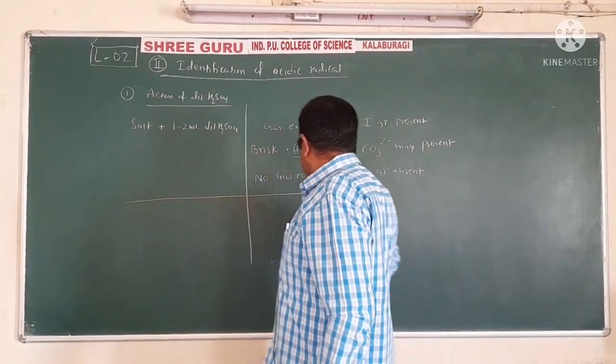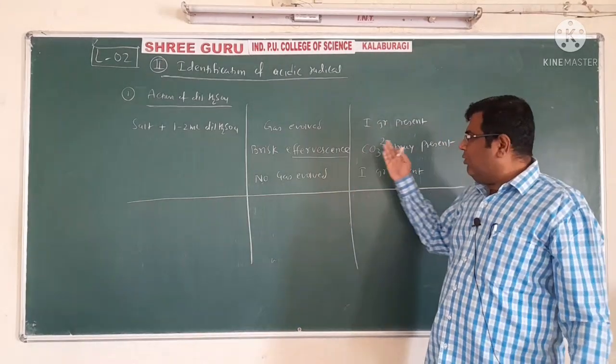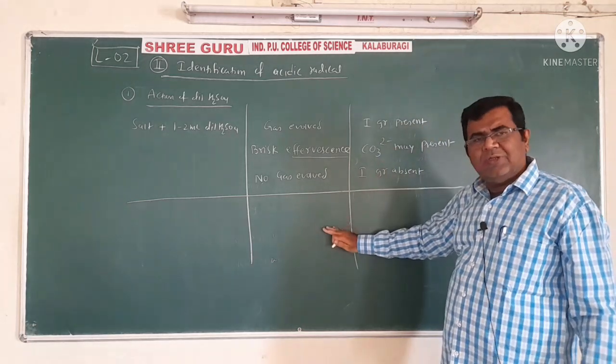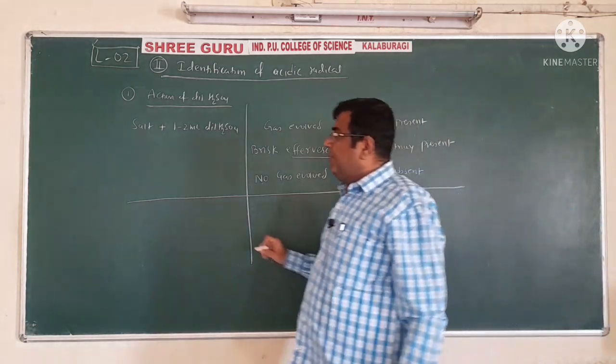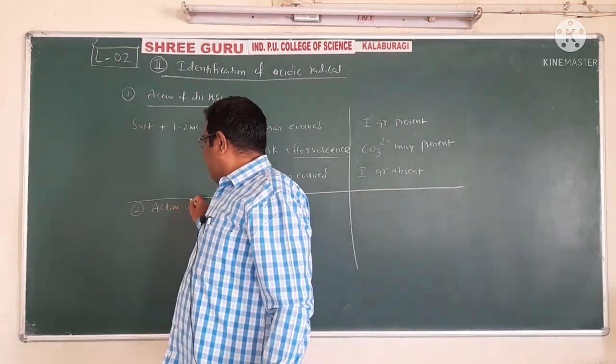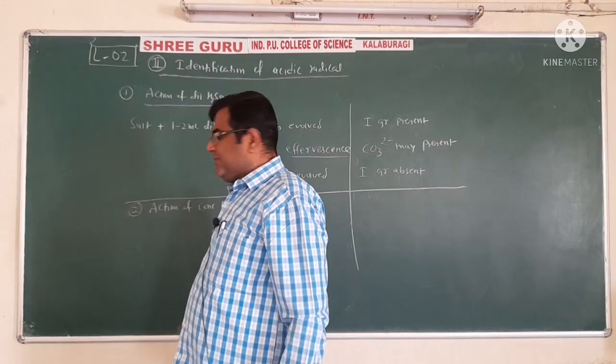If the first group is absent, only then you have to go to the second group. If you obtain the carbonate, you just go for the confirmatory test. You do not go to group number 2. But for group number 2, we have to do the action of concentrated sulfuric acid.